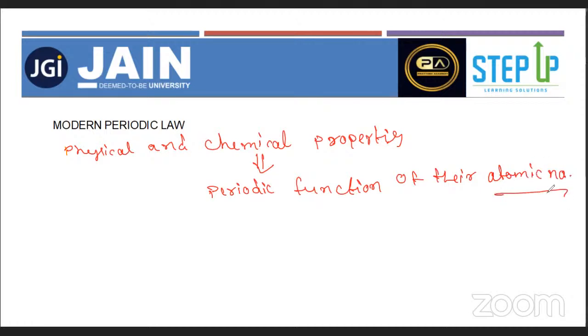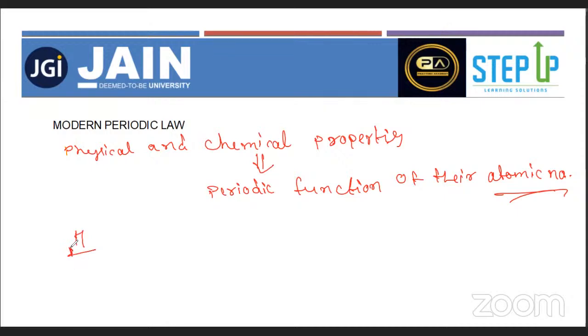See, only here did the difference come into play. A periodic function is one that repeats after a certain interval. That is what a periodic function is. Now we removed atomic mass and kept atomic number. Now everything was solved.